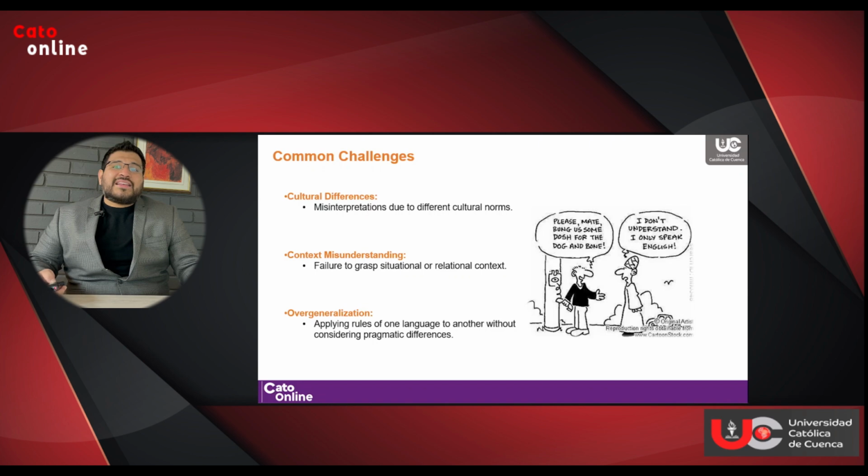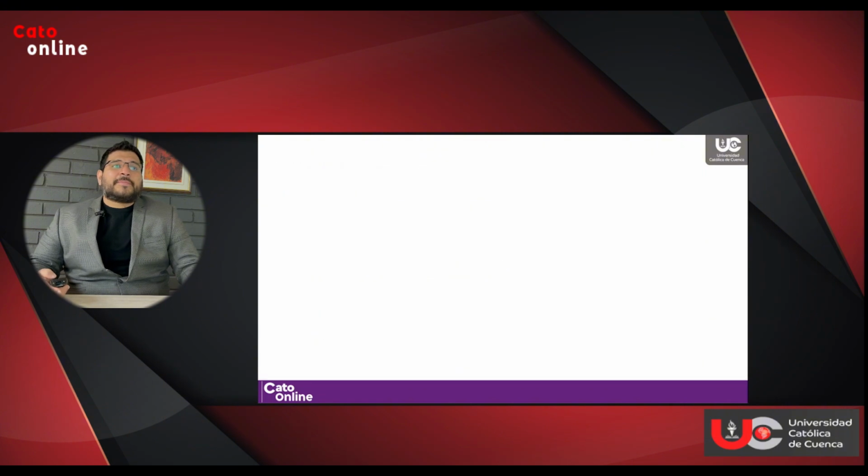We can see that this person doesn't have a pragmatic mastery of it, because he is not understanding what he's saying. But when we have this pragmatics understanding, we can understand different contexts, different cultural differences, and other contexts. So, those are the common challenges that pragmatics can lead us to, okay?